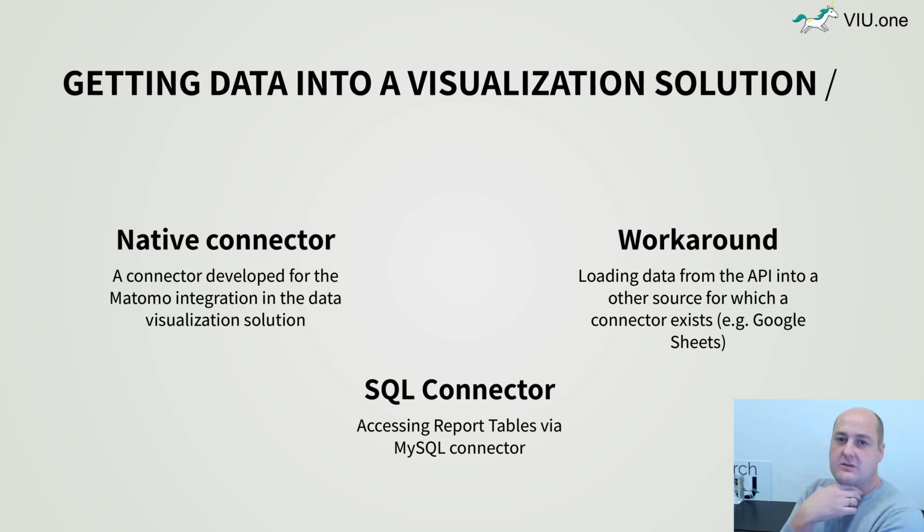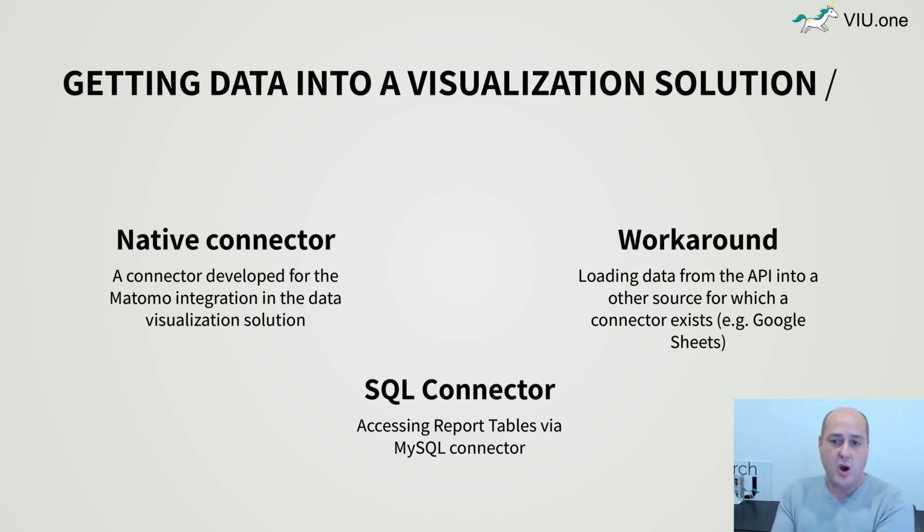Now we talk about getting the data into the visualization solution, based on these transfer methods. There are some options. The first is a native connector. If a solution has a native connector to Matomo, you can use that, and it's the easiest way.